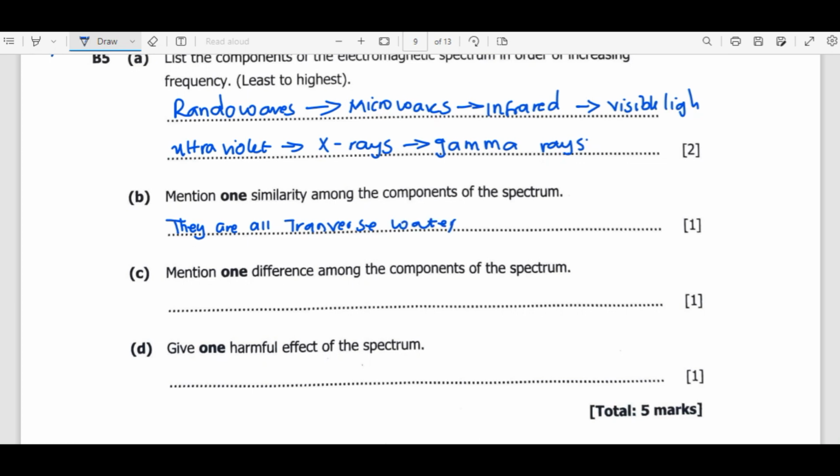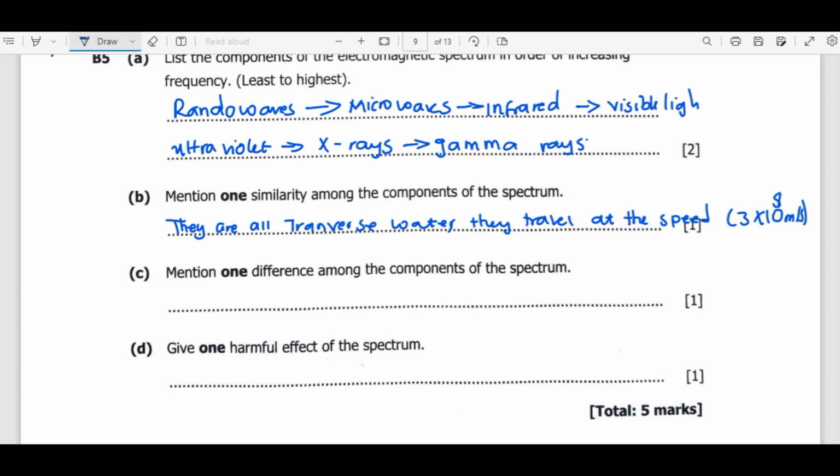The second one, we can say they travel at the same speed, and the speed is 3 times 10 raised to the power 8 meters per second. Then we can also look at they all carry energy and they can all travel in a vacuum.